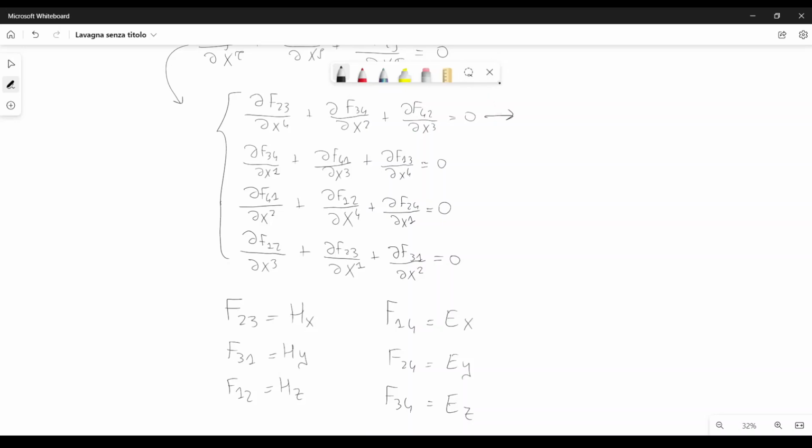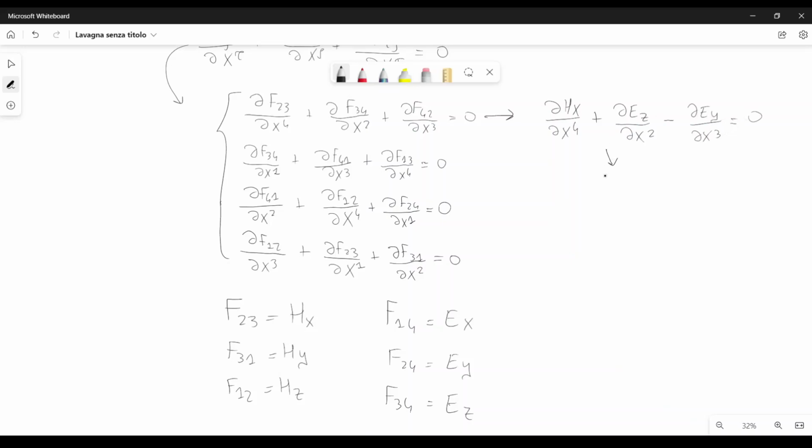This first one becomes, with this definition, dhx with respect to x4 plus dez with respect to x2 minus dey with respect to x3 equal to 0.